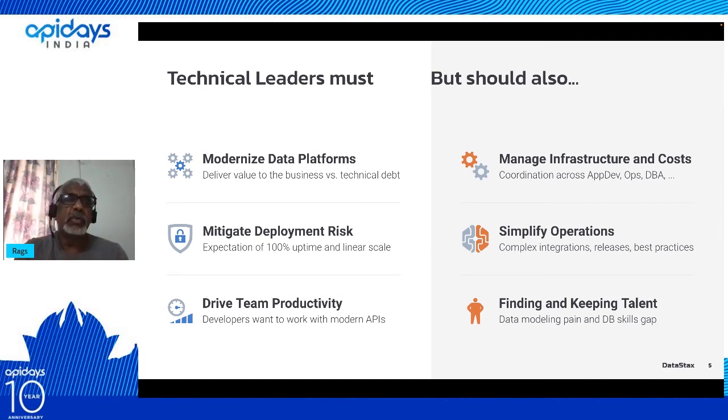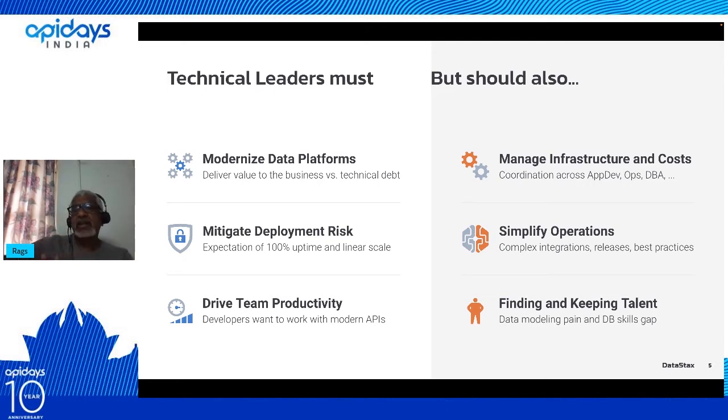You also need to be able to drive team productivity. Kubernetes did a lot to make things portable. But at the same time, there is what is referred to as the inner loop, right? Where I'm continuously building applications, and I need to be able to do this in a very productive manner, and do it fast.